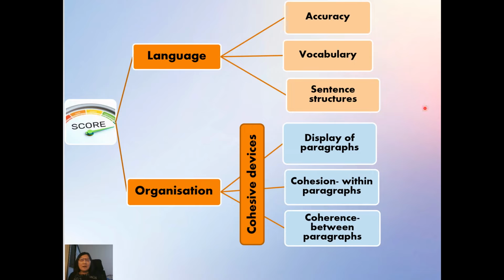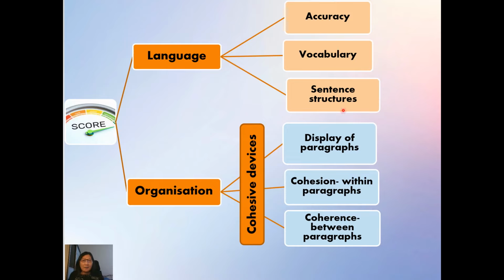So we are done with the task fulfillment aspect of the essay. And now let's look at the language component as well as the organization component of the paragraph as part of the scoring criteria here. As for the language, we look at accuracy, vocabulary, as well as sentence structures. And I will be elaborating more on this in a little bit.